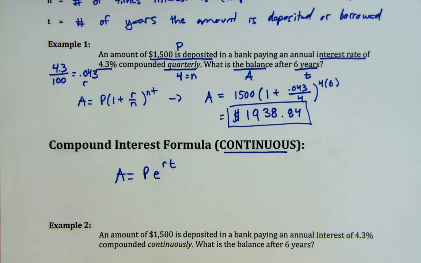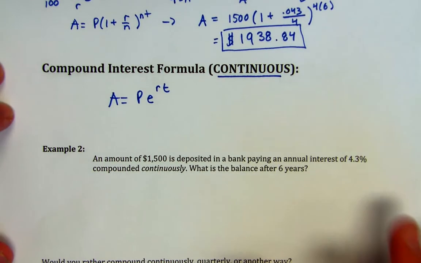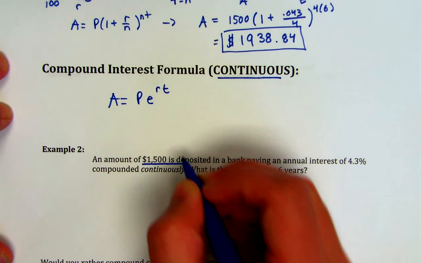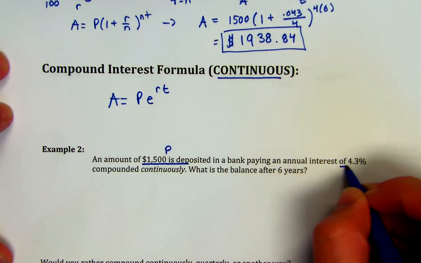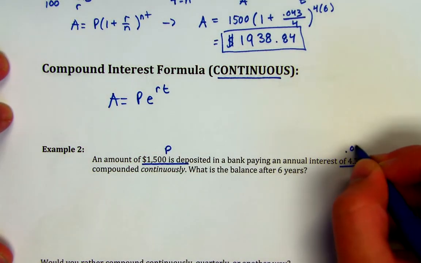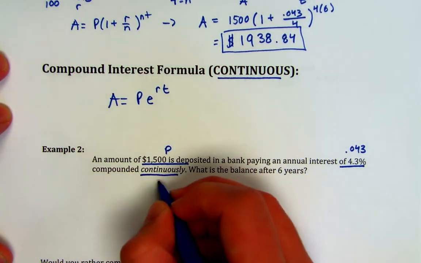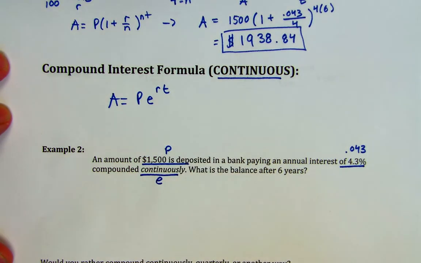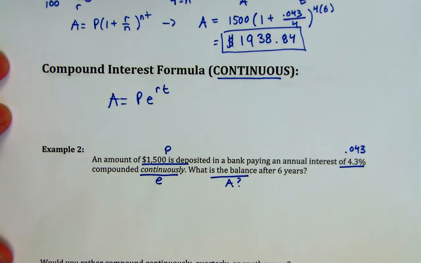So let's do an example where it's continuously compounded. An amount of $1,500 is deposited, so that is our principal, in a bank paying an annual interest of 4.3%, again, 0.043 after dividing by 100. Continuously. Anytime you see that word, think E. The balance, I don't know it, so I'm going to find that.